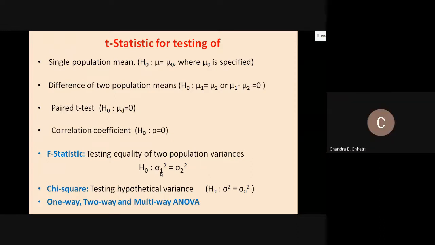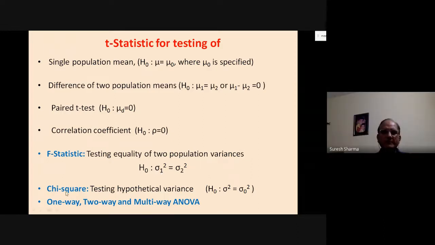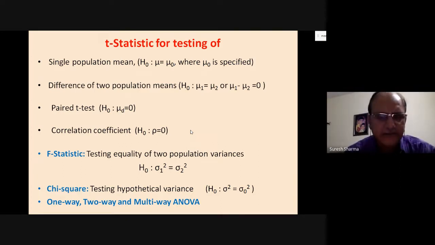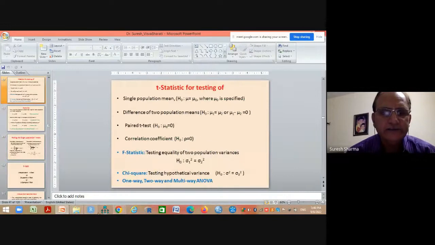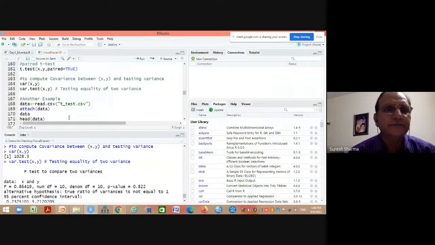Yes, sir. Now here we are testing sigma 1 square equal to sigma 2 square. Sigma 1 square means the x values, sigma 2 square the y values. I want to compare the variances of the two in the population. I have just taken a sample, so I'm testing this hypothesis. And once we tested this hypothesis, the result is this.